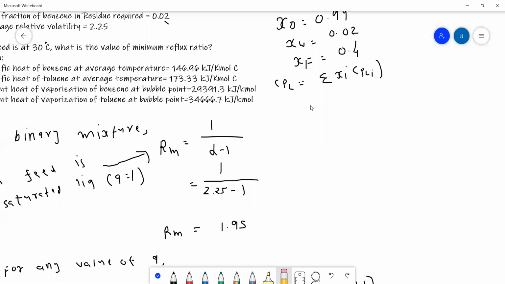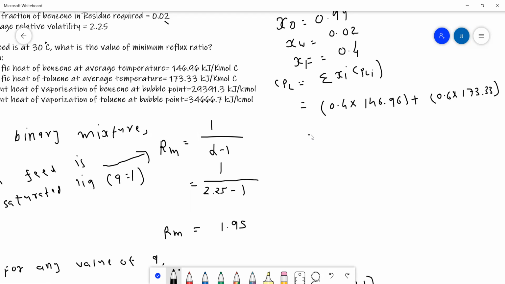So this is equal to 0.4, the mole fraction of benzene, multiplied by the specific heat of benzene, that is 146.96, plus 0.6 multiplied by 173.33.